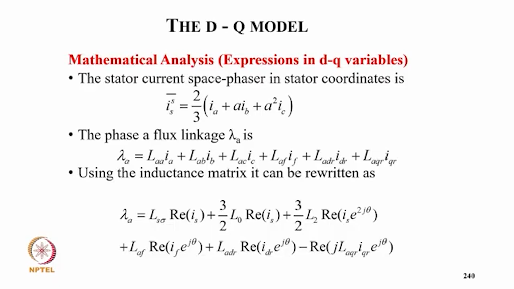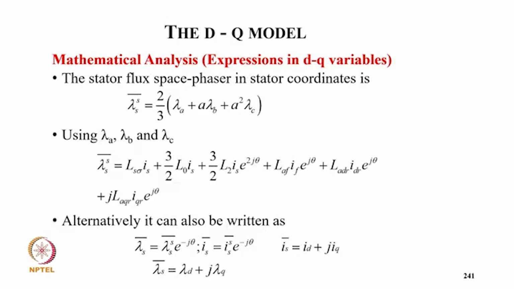Using the inductance matrix it can be written as lambda A equal to Lσ real part of IS plus 3 by 2 L0 real part of IS plus 3 by 2 L2 real part of IS e to power 2jθ plus LAF real part IF e to power jθ plus LAD real part of IDR e to power jθ minus real part in bracket j LAD IQR e to power jθ.